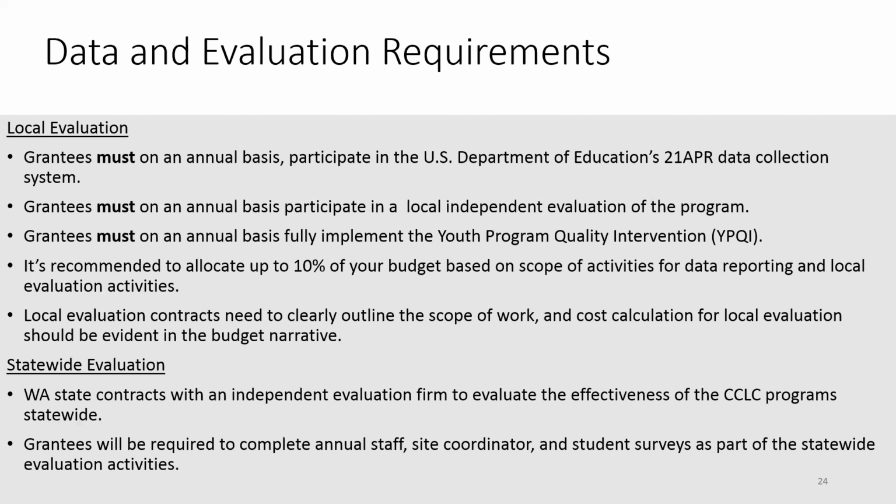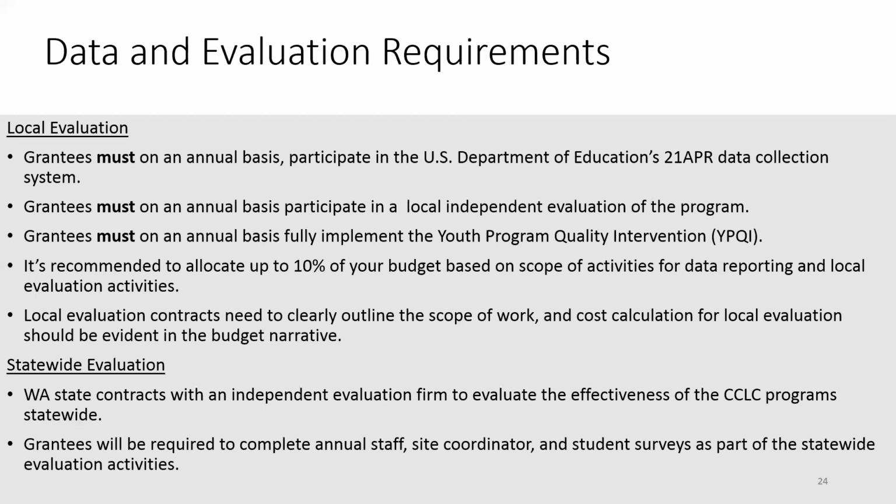Grantees must on an annual basis participate in the U.S. Department of Education's 21 APR data collection system, which is their online platform to collect data at the local level. Grantees must on an annual basis participate in a local independent evaluation of the program. On an annual basis, you must fully implement the youth program quality intervention and assessment.